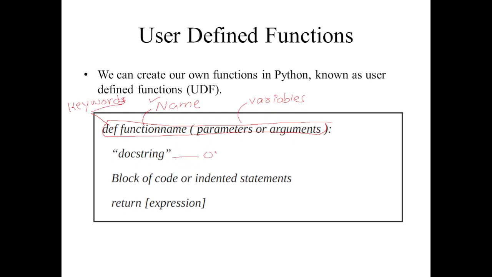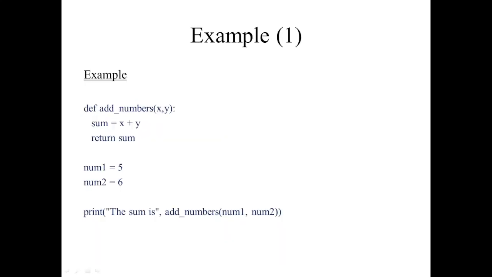The next line is optional, in which we can write some docstring. This is optional. And next is the block code. This is the main part of the function, and this is very important. And last is the end of the function, which is also used to store the result, which will be displayed with a variable. Here it can be any variable whose result should be displayed or stored at the end of this execution.